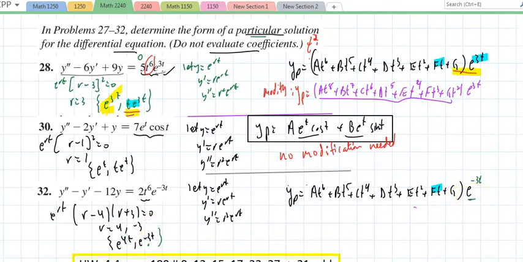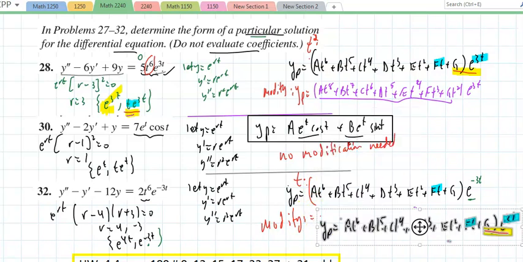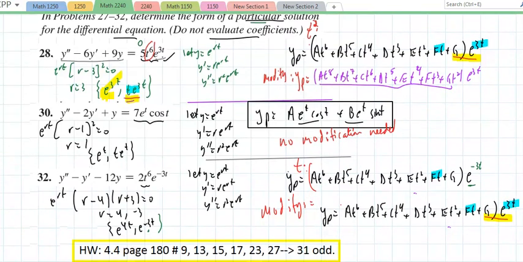So how do you modify? Multiply this by just t, and that will do. Bingo.